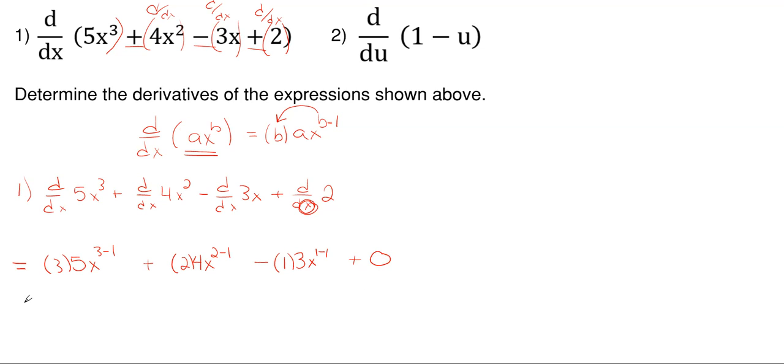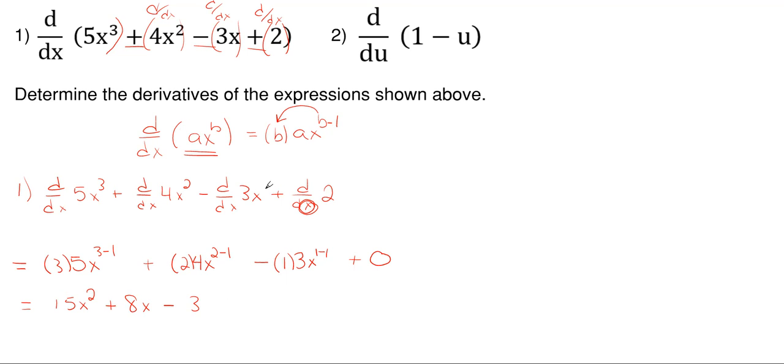So let's simplify this down here. Each term, so we have 3 times 5, which is 15, x to the 3 minus 1, which is x squared, plus 2 times 4, which is 8, x to the 2 minus 1, which is just x to the first, so we'll just leave it as x, and then subtracting off 1 times 3, which gives me 3, x to the 0 power, which is essentially 1, so we end up with 3.